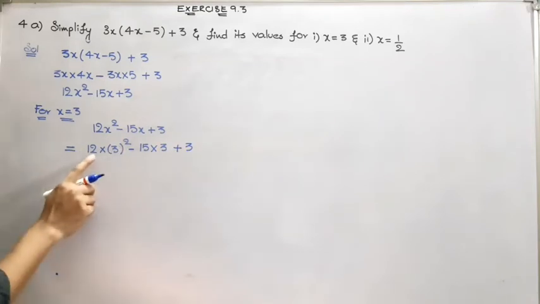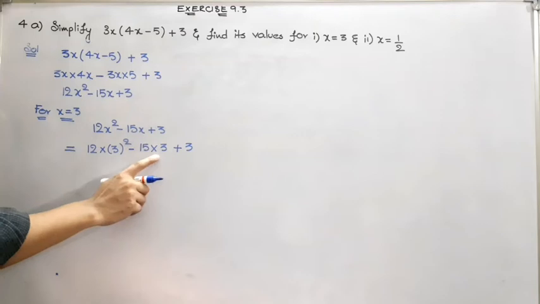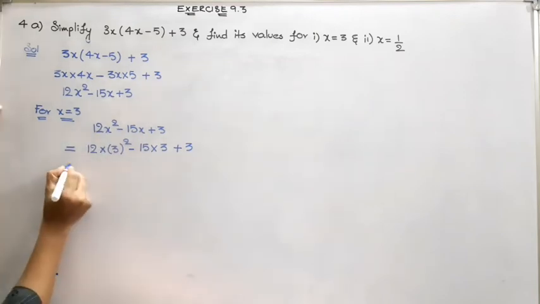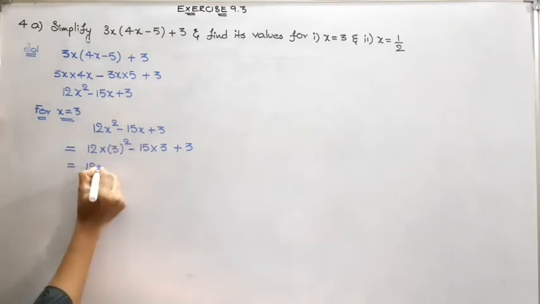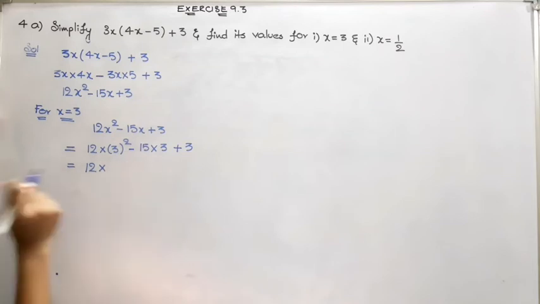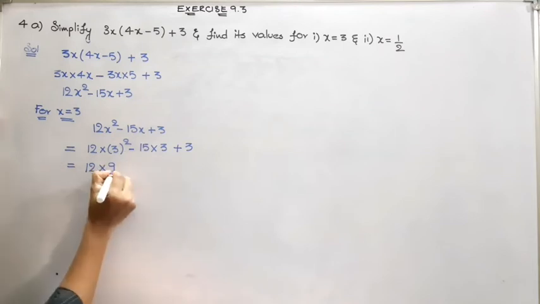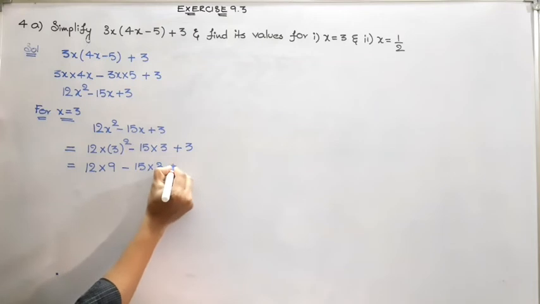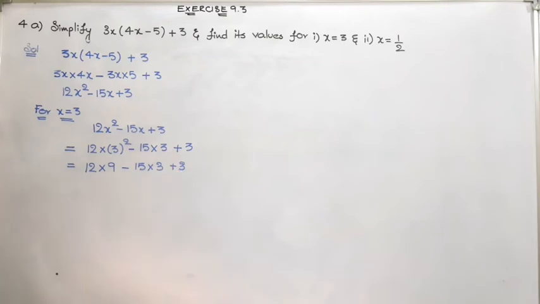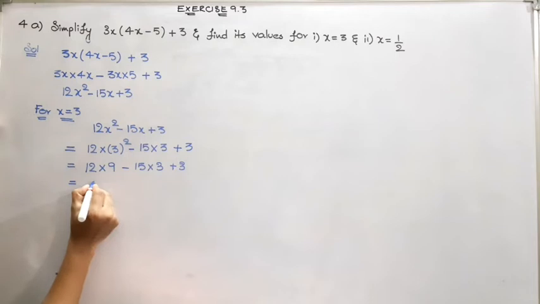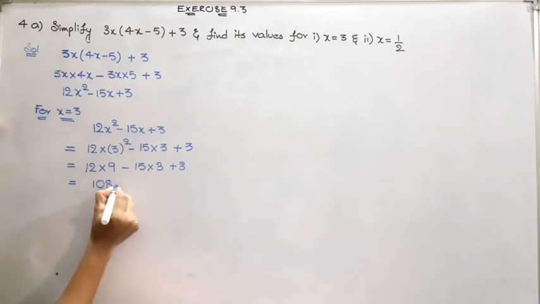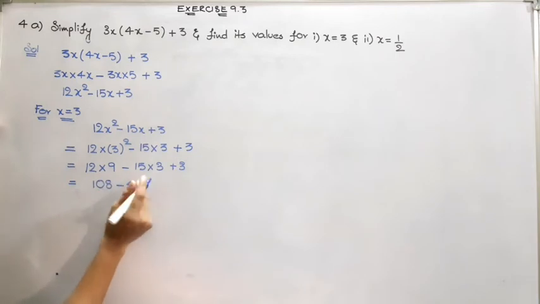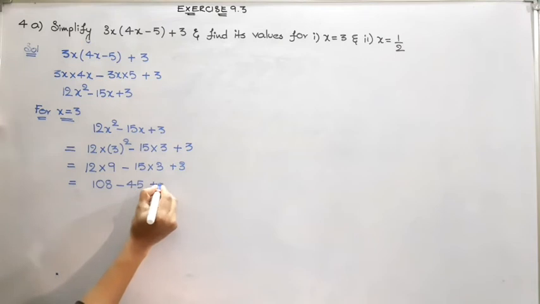That is equal to 12 into 3 square, which means 3 multiplied by 3. 3 square gives us 9, minus 15 into 3, plus 3. So 12 nines are 108 minus 45, because 15 3s are 45, plus 3. 108 minus 45 plus 3.